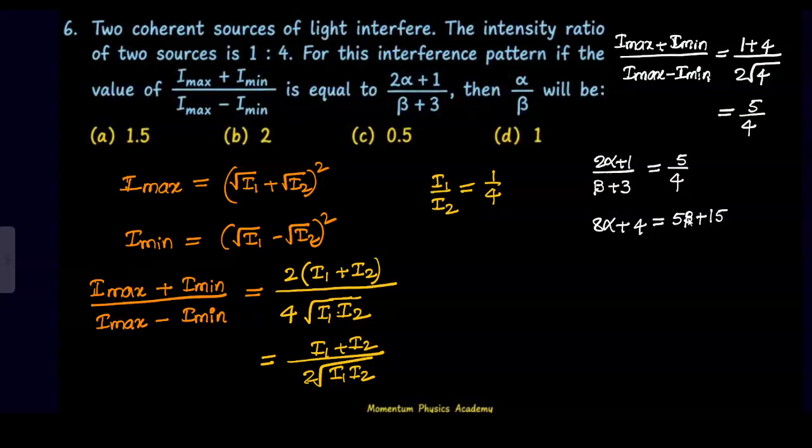How much will come here? Alpha by beta we need. Yes, what will we do then? Cross multiply and simplify it.